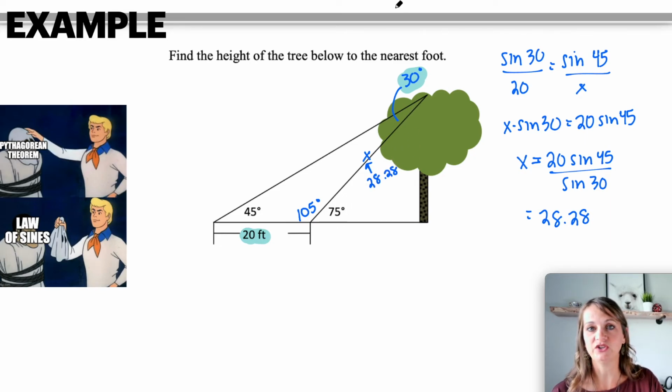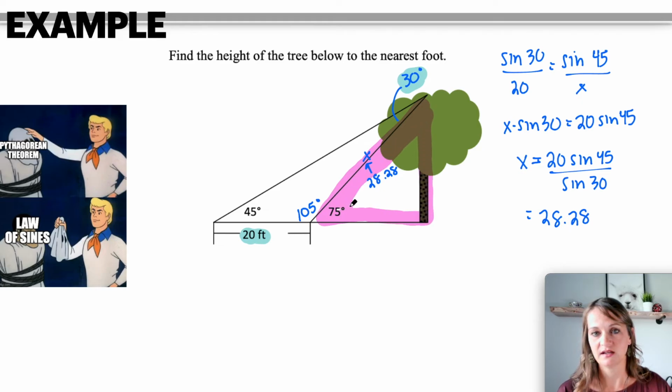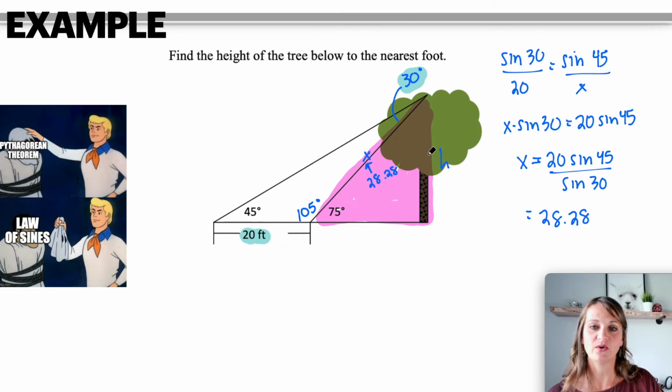And now I can use this triangle right here in order to find my height of the tree. So this is where you can actually use SOHCAHTOA again because this is a right angle, assuming that the tree is vertical.